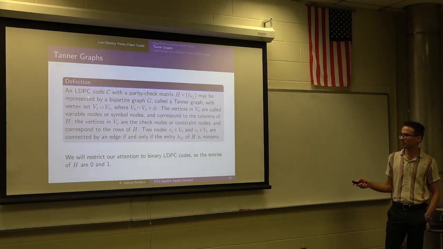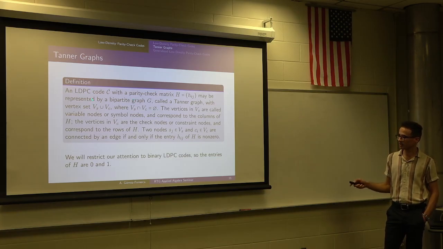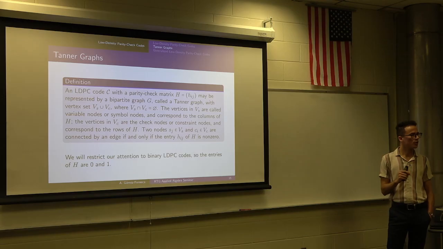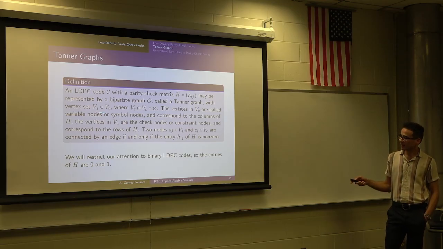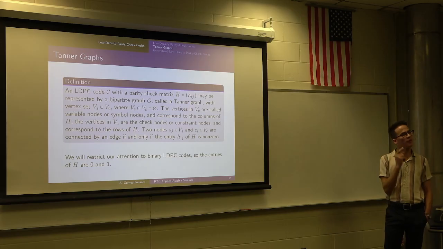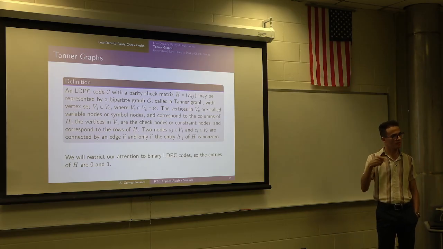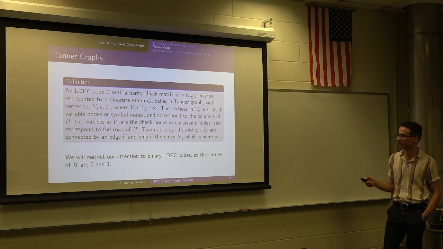If you have an LDPC code with parity check matrix H, with entries Hij, we can construct a bipartite graph G that we're going to call the Tanner graph in the following way. You have 2 sets of vertices, Vs and Vc, and they are disjoint, okay? There are no 2 vertices that belong to both of these sets. The elements in Vs are called variable nodes or symbol nodes, and there is 1 symbol node per each one of the columns of your parity check matrix.